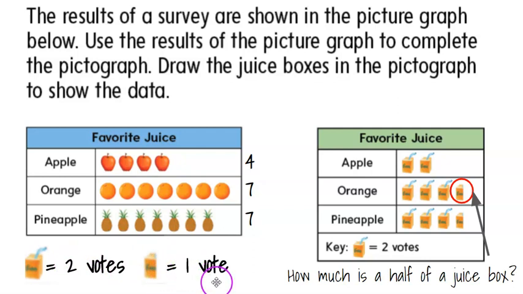And that means that half of a juice box would equal 1 vote, which would make sense because if I do 2, 4, 6, 7, that would match my data. Same for pineapple juice. 2, 4, 6, 7. Again, that matches my data.